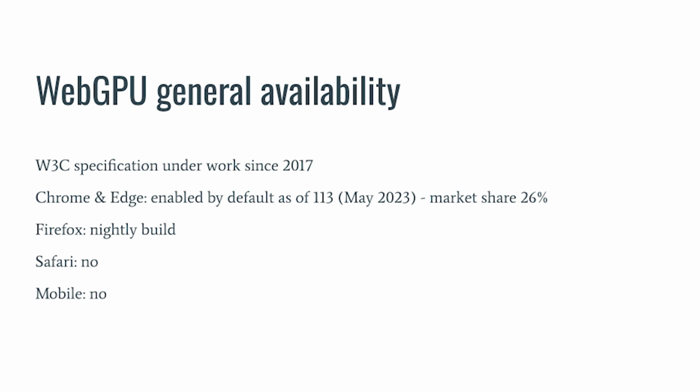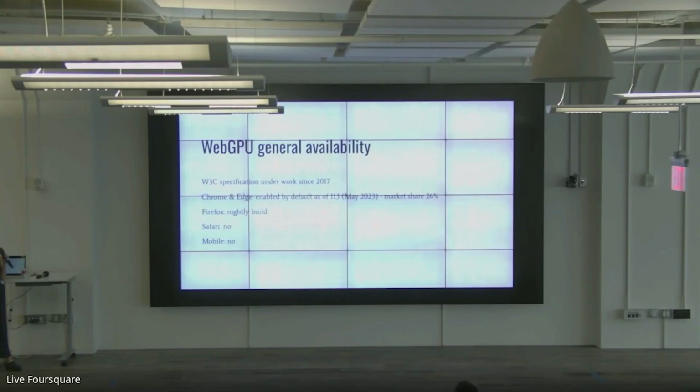Chrome and by extension Edge has flipped the switch and made it enabled by default in May. So that covers about 26% of web users that can use the WebGPU rendering engine without any work. In Firefox, it's available in nightly build.